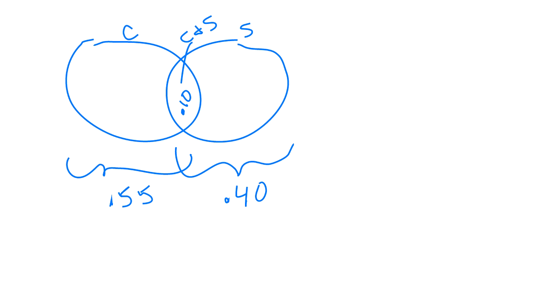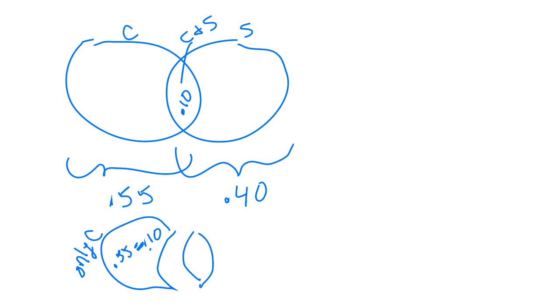So this part of the circle that is only chocolate is 55 minus the 10%. You don't want to count anybody that likes strawberry, so you have to subtract the 10%.